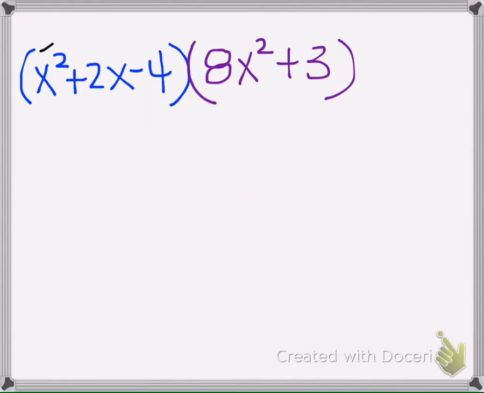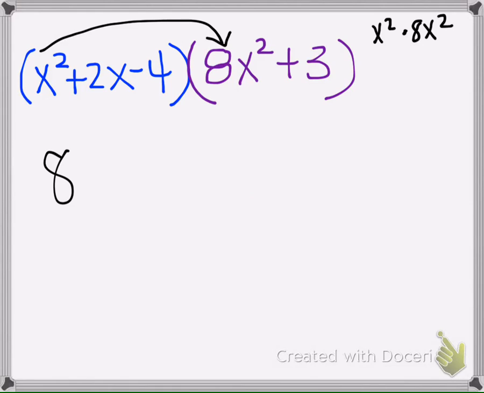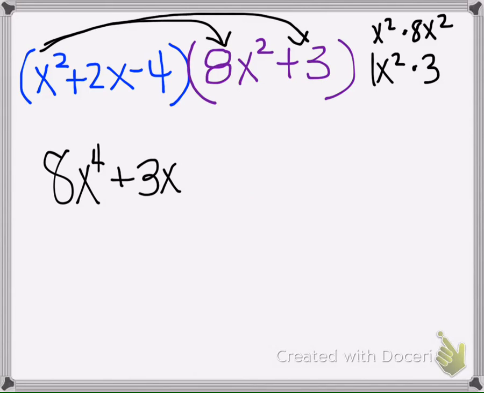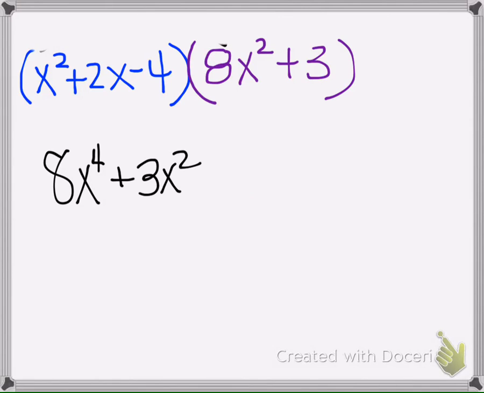So we have x squared times 8x squared. That's 8x to the fourth. Then we have x squared times 3. That's 3x squared. Okay, so we're done with the x squared. Now we have 2x times 8x squared.